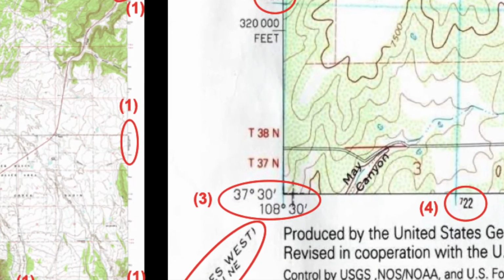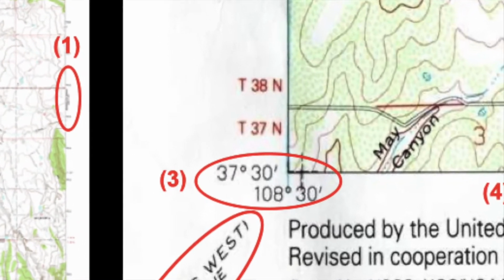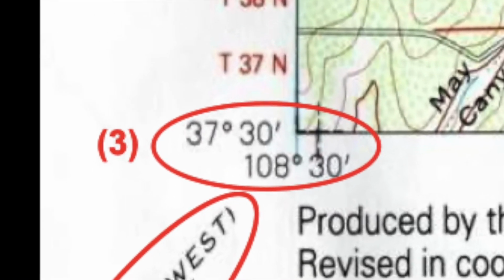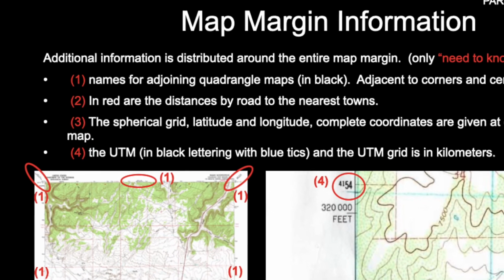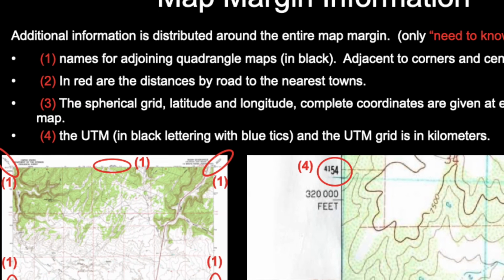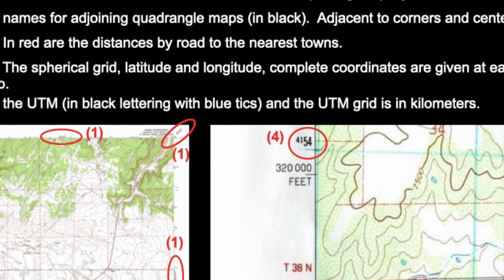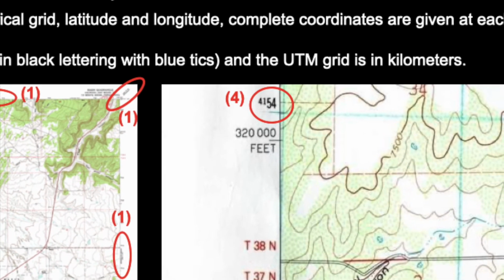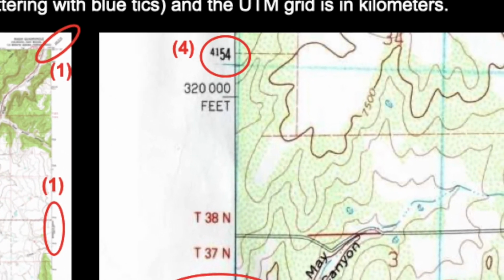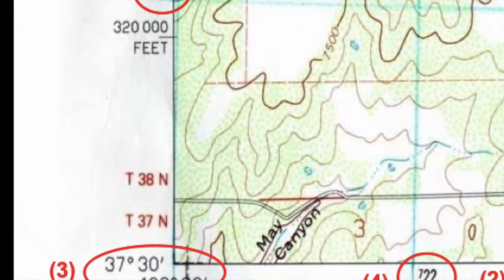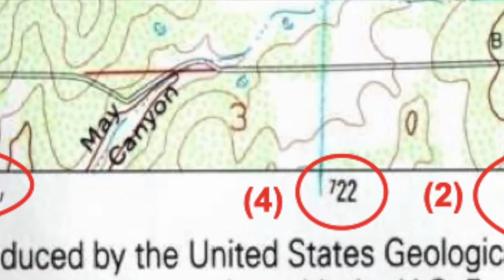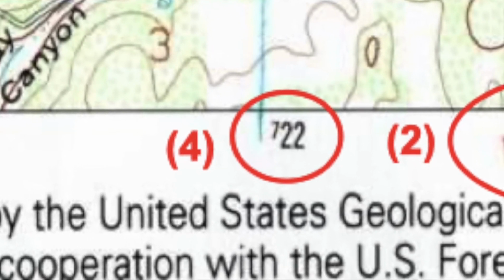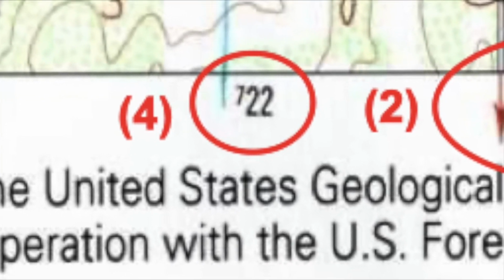So each corner gives you your latitude and longitude so that you can match it to that method of navigation. Number 4, the UTM in black lettering with blue ticks, and the UTM grid is in kilometers. Cool. Number 4 would be the bottom right graphic, down in the middle, labeled number 4. You see it has that 22 circled there.